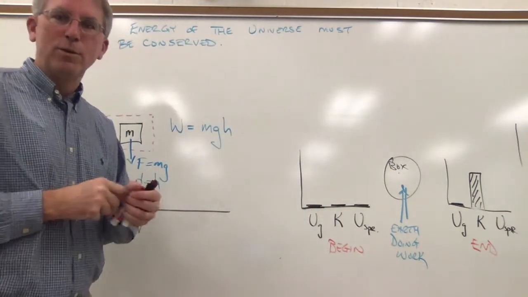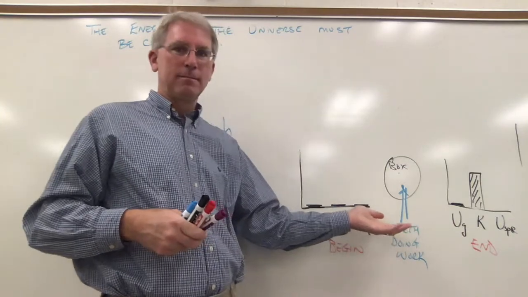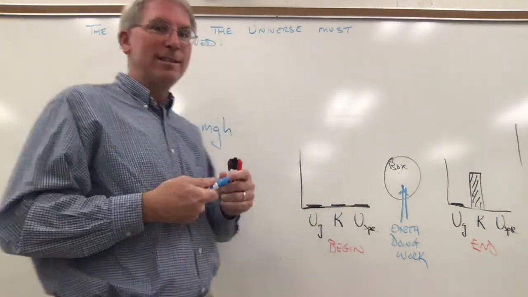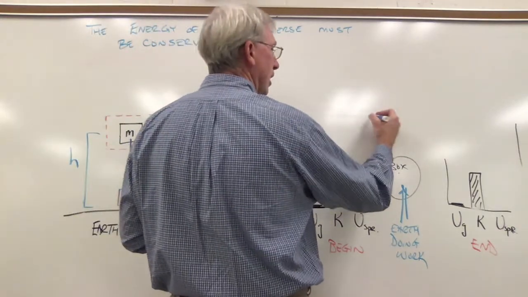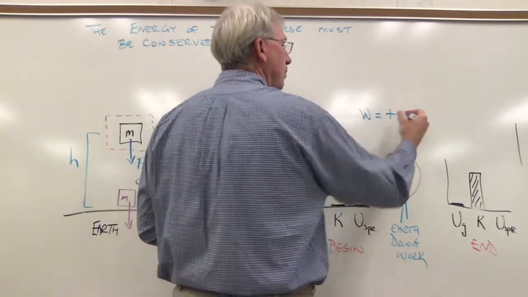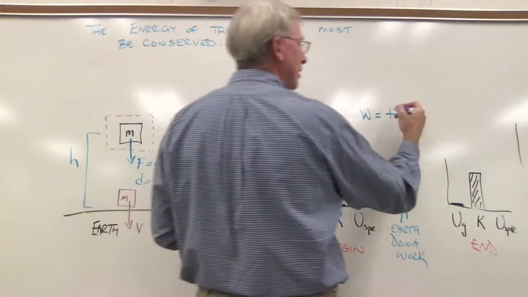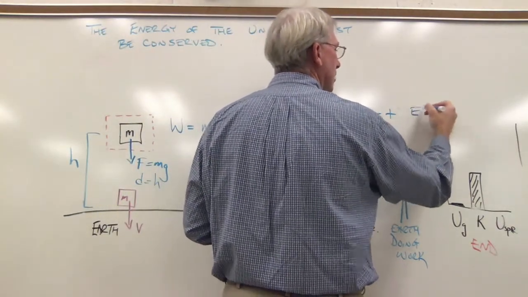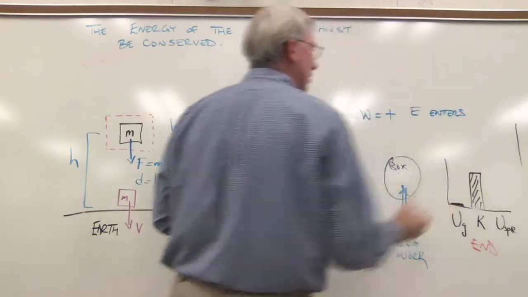Okay, the Earth is doing work on my system, pushing energy in. Now this is a positive amount of work. So work is positive in this case, meaning that the work is entering the system. So energy enters. Now let's look at this.